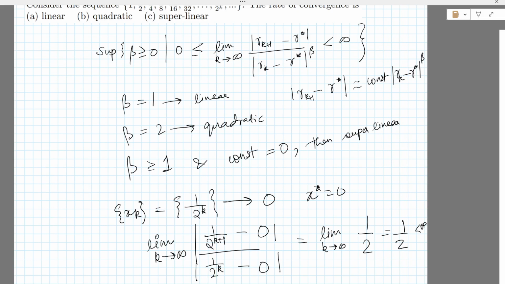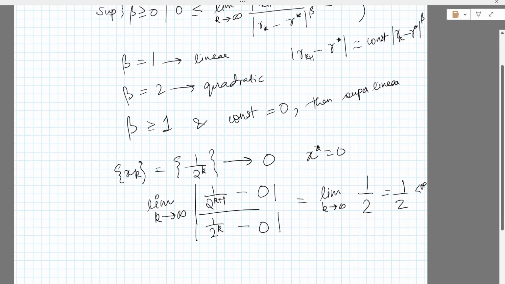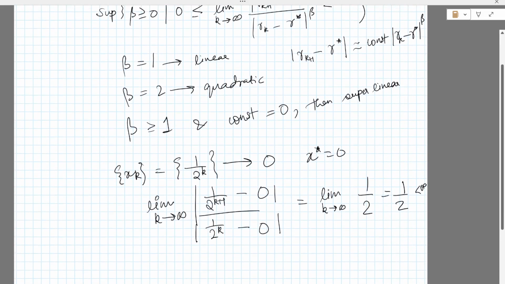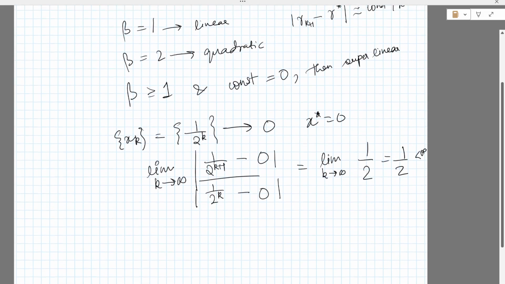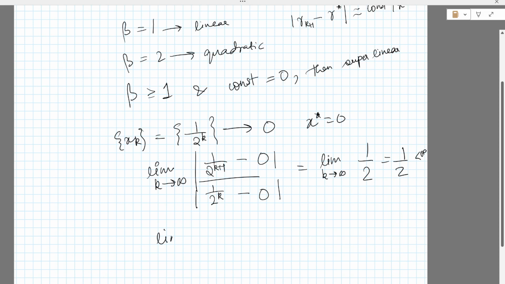And if beta is equal to 2, then it is 1 by 2^(k+1) upon (1 by 2^k) squared, which equals 2^(2k) upon 2^(k+1), that is 2 raised to k minus 1.